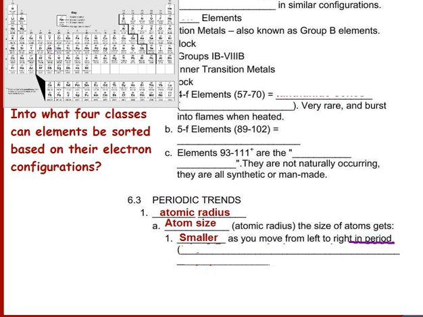So we're going to get smaller as we go left to right. Here would be period 3, and as we go left to right in that direction, this is going to be larger, and this is going to be smaller.